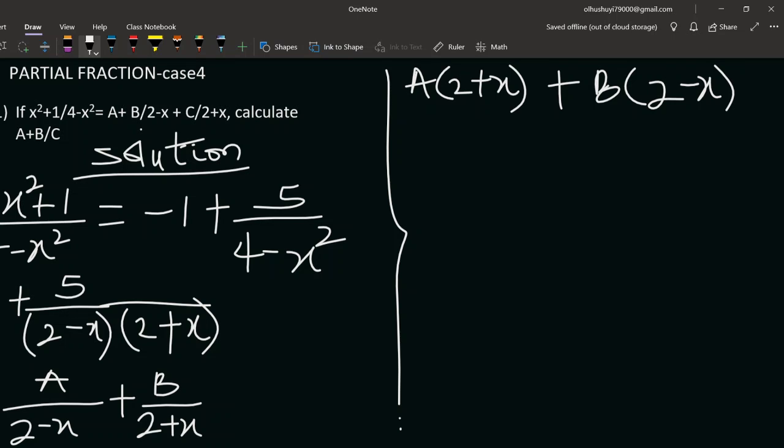So you get that? Then we move. So this can be equal to what? 4 minus x squared. So just let x be equal to minus 2 so that A can go.